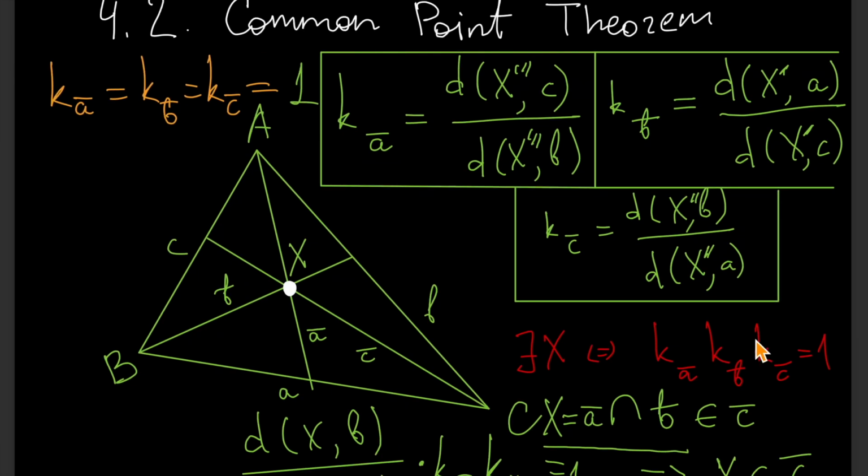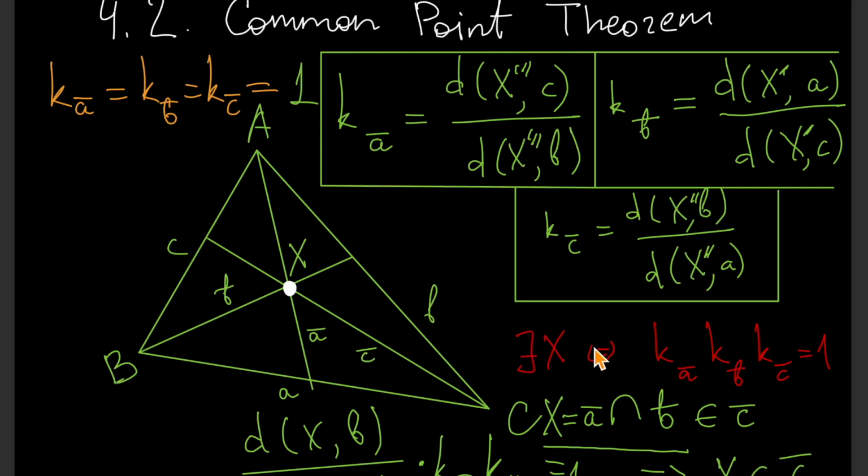And so we now can prove a common point theorem, and we can do this in the following way. We have three Cevians, right? And suppose that they have a common point. Then here we have the coefficients of these Cevians, or rather the ratios, as I've called them. If we set all of the points here, here, and here to X, then we will obtain that the product of these ratios must be 1.